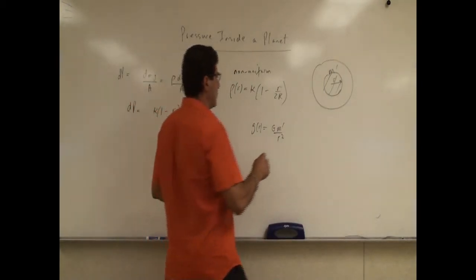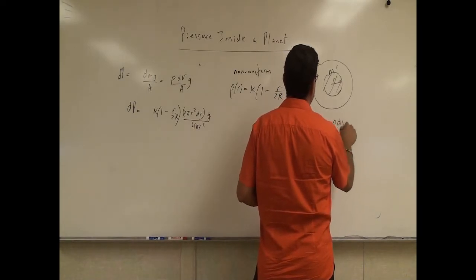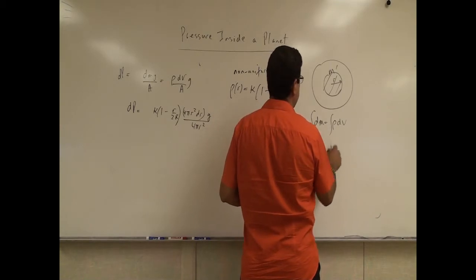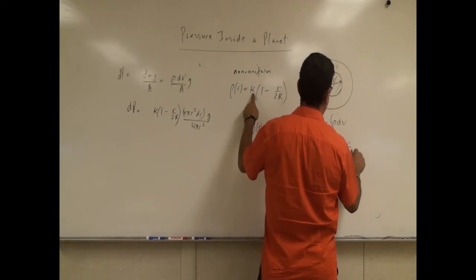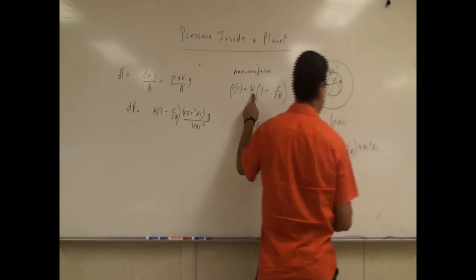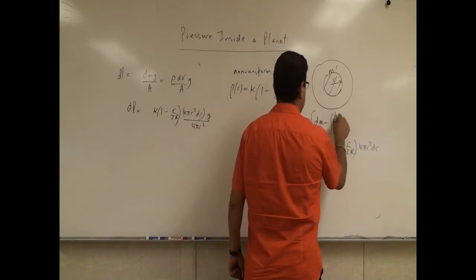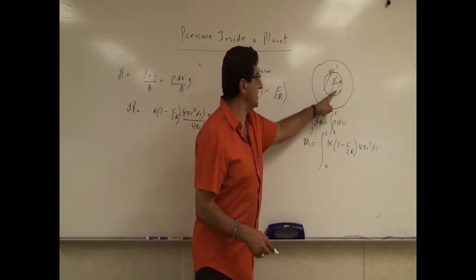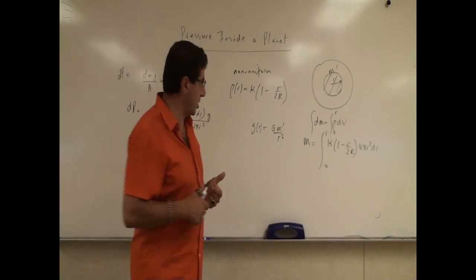So how do I find that? Well, I can say dm is equal to rho dV, then integrate that. M is equal to, and rho is equal to kappa times (1 minus r over 2R), dV is 4 pi r squared dr, right? And then you integrate that from 0 to r. This is going to tell you how much mass is inside of any location of any radius little r, right?